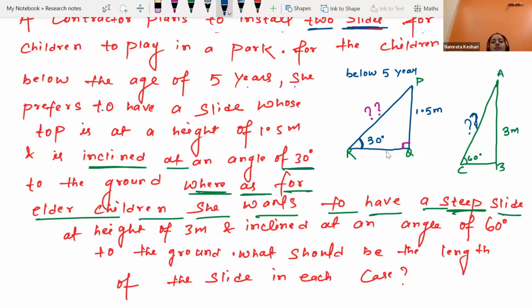Sin 60 degree is equal to the opposite side, that is AB, which is 3, over the hypotenuse, that is AC. Directly I am writing 3 over hypotenuse, and from here we will be able to find the hypotenuse. Yes or no? Yes, ma'am.